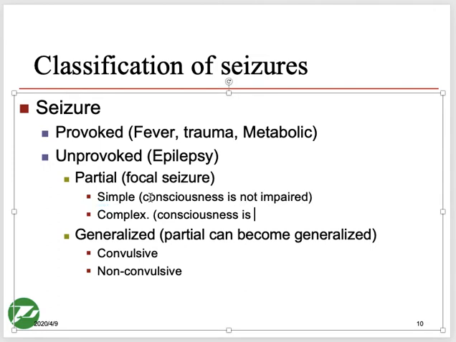Someone who knows what's going on. And when the consciousness is impaired, we call it complex, right? So this is a very, very easy thing to remember. Simple is when consciousness is not impaired, and complex is when the consciousness is impaired, right?